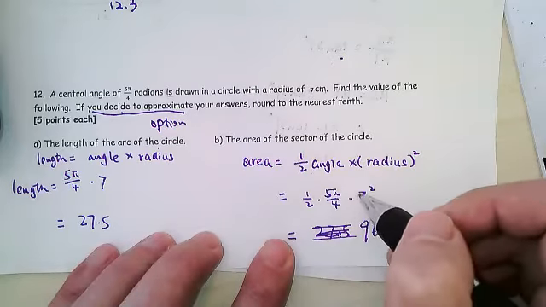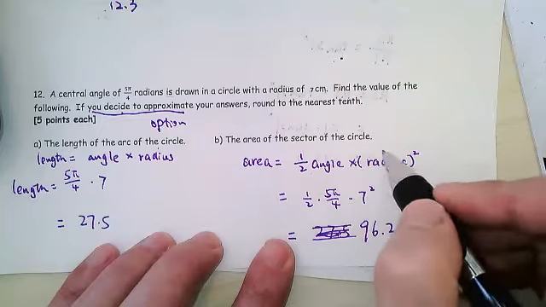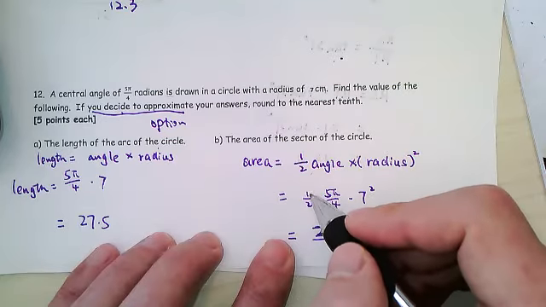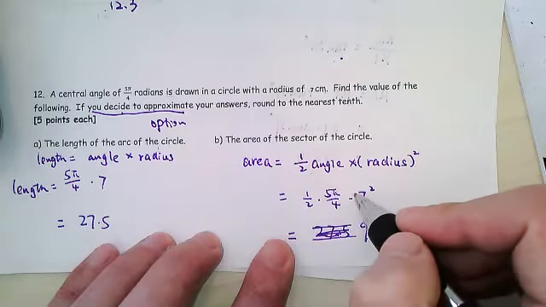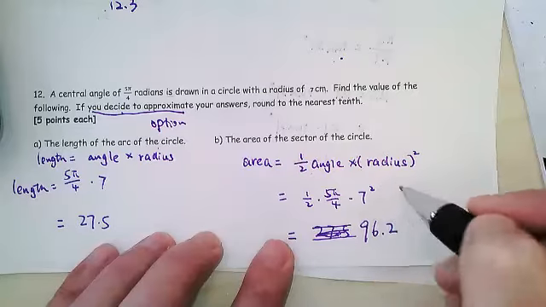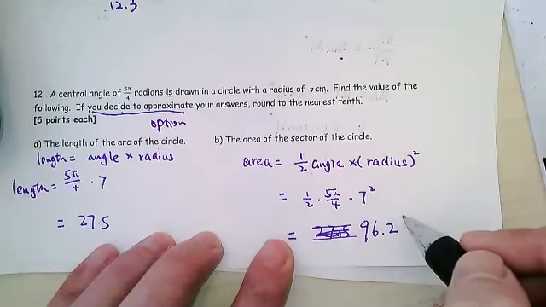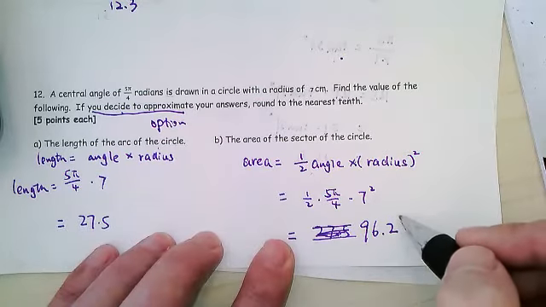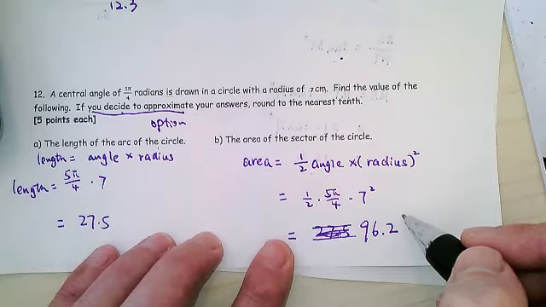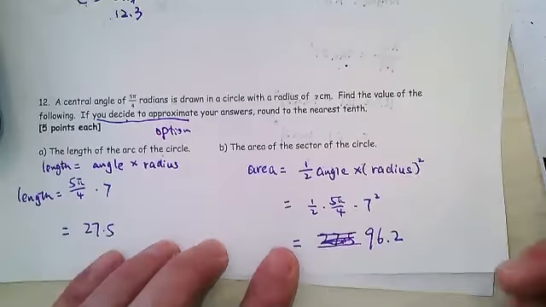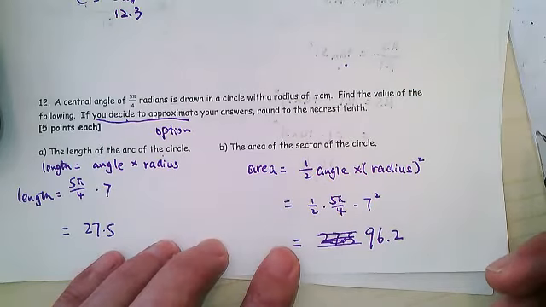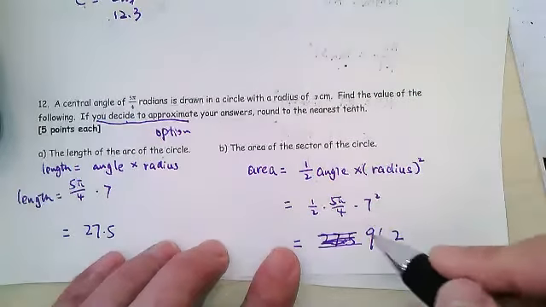If you do so, you find this formula: one half the angle times 7 squared. Plug into your calculator, you should get 96.2. That's it. Okay, any questions so far?